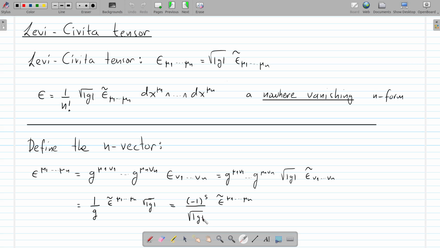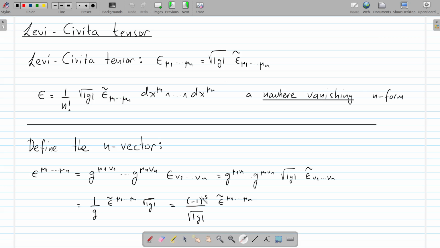So that n vector is also a Levi-Civita tensor. And as you see, we have defined it in such a way that its indices are raised by the inverse metric. The penalty we have to pay is we have to have this inconvenient minus 1 to the s here.